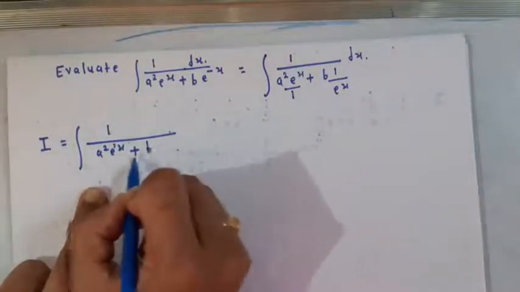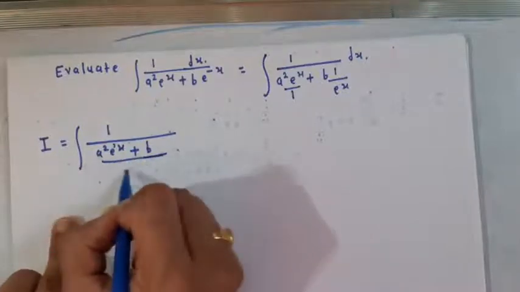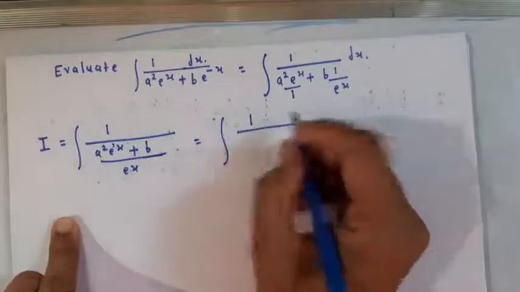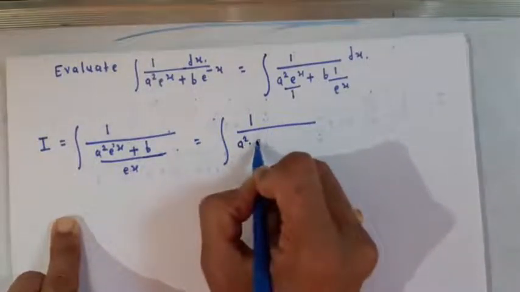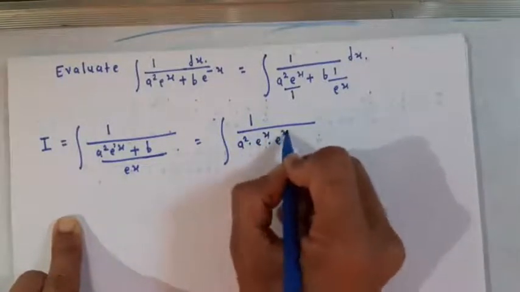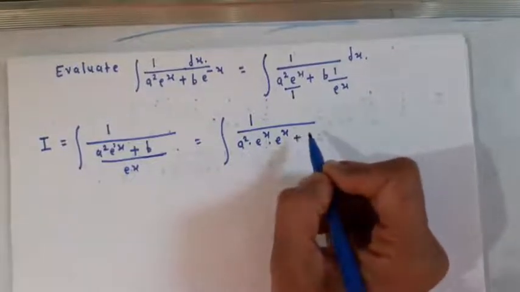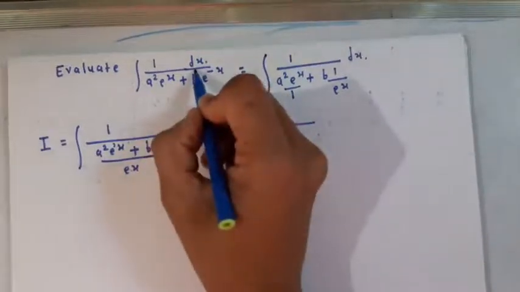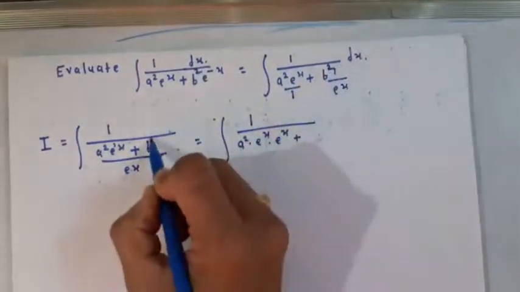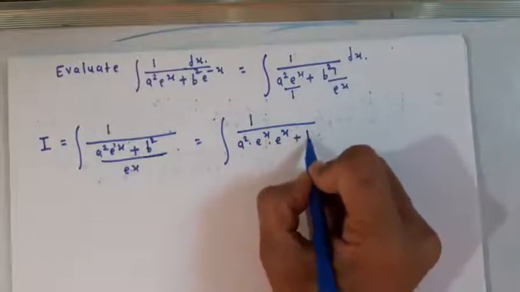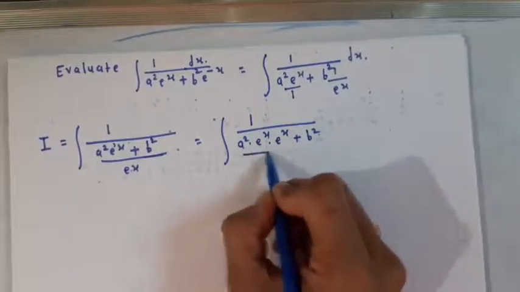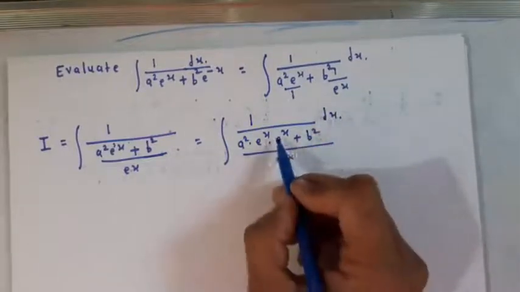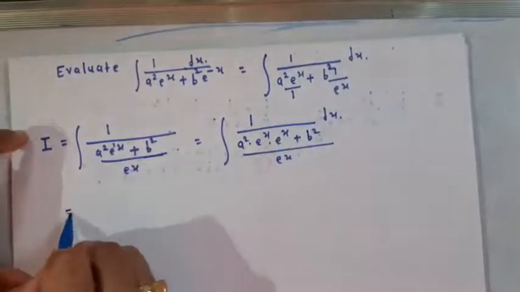Okay students, see here, that is 1 upon a square e raised to x into e raised to x plus b square upon e raised to x, with respect to x.